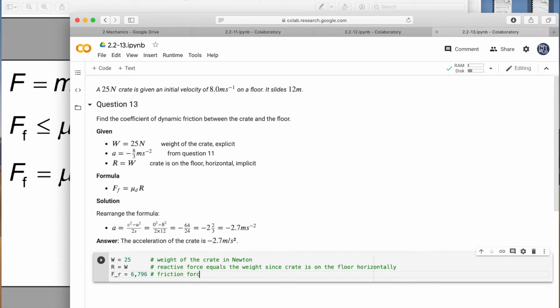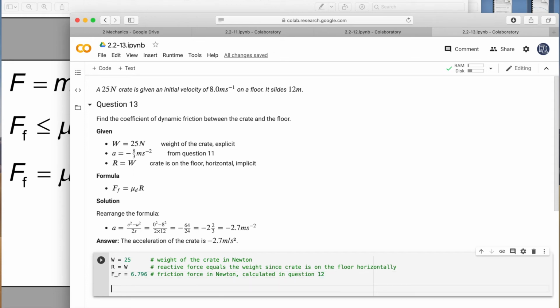Friction force in Newton, calculated in question 12. Make it a dot, and let's calculate. No, let's go for the solution.